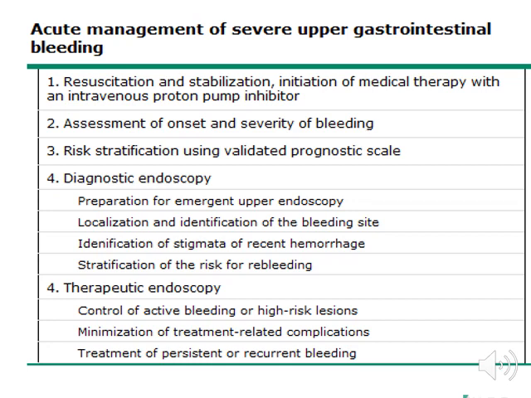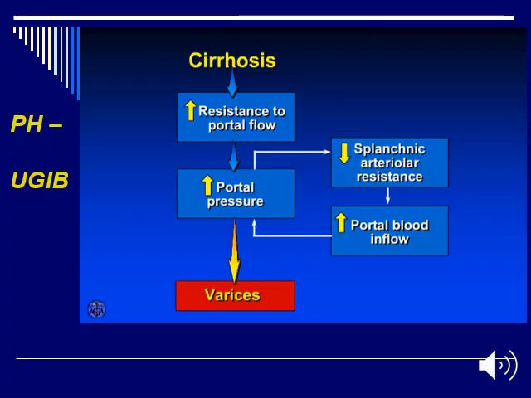The first step is resuscitation, stabilization, and then endoscopy, for both diagnosis and therapy. The first group of bleeding, as we said, is portal hypertension upper GI bleeding. Cirrhosis will cause increased resistance to portal flow inside the liver. That will cause the portal pressure to increase, causing portal hypertension.